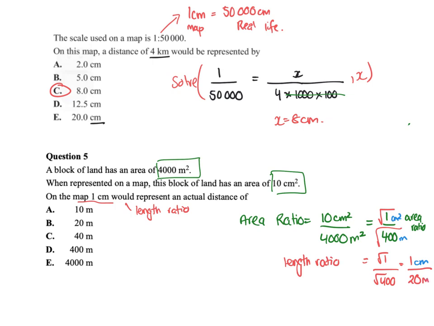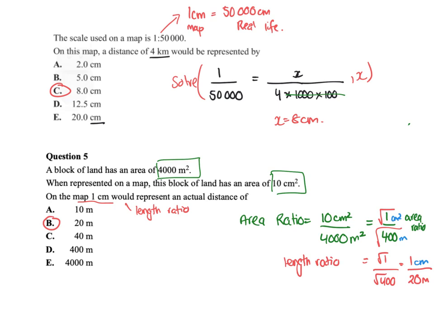So 1 centimeter on the map is going to represent 20 meters in real life, okay? And think of it practically, that would make sense. Like if you were looking at a house plan, 1 centimeter, 20 meters, that's not too bad. Depending, if you're looking at a massive block of land, that's not too bad of a scale there.